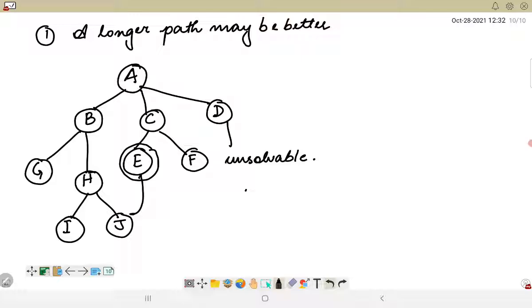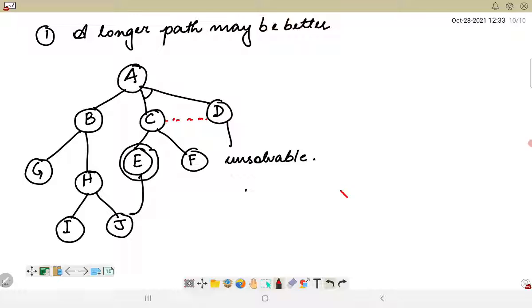So if we need to reach E from A, the shortest path here, okay, this was the condition, the shortest path here is through C, right? But since C is a part of the AND arc which is also considering D, so C and D are connected with the AND arc, right?